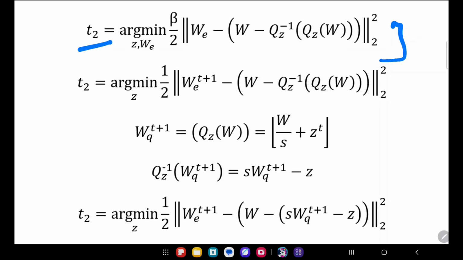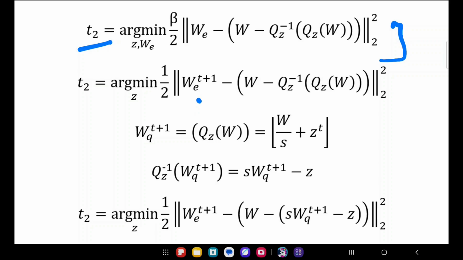Since beta is some number greater than 0, we can ignore beta and also replace WE by WE at t plus 1, since we are now in the next step for WE and Z. So we replace WE by WE at t plus 1, which we have calculated.